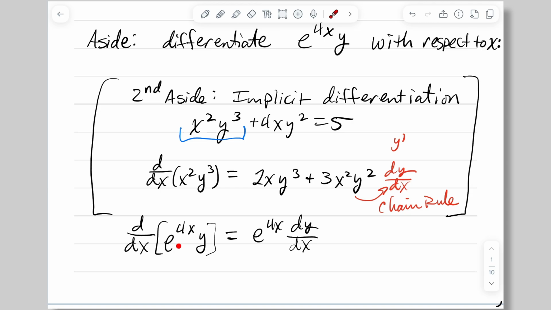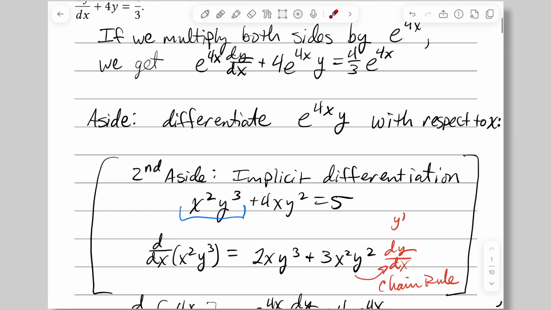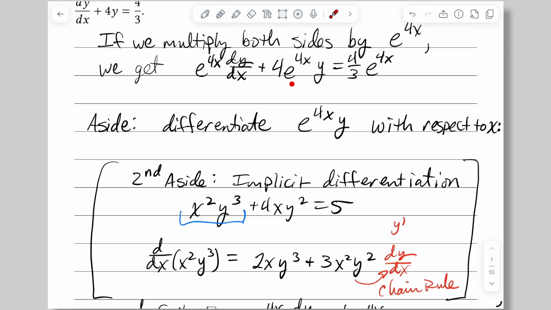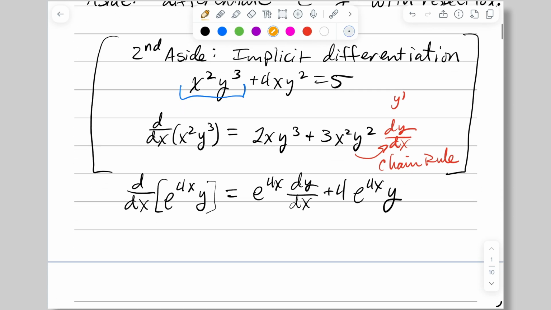And then the derivative of the first times the second is plus 4 e to the 4x times y. You may note that's exactly what we had after we multiplied both sides of the equation by e to the 4x. Thus, what we get on the left-hand side after multiplying by e to the 4x can be interpreted as the derivative of the product e to the 4x times y.